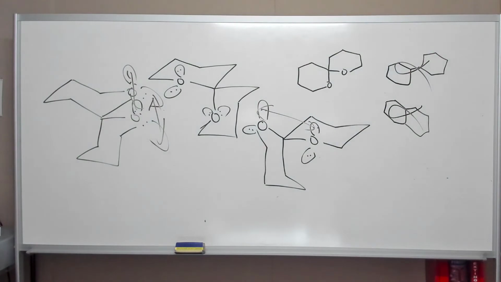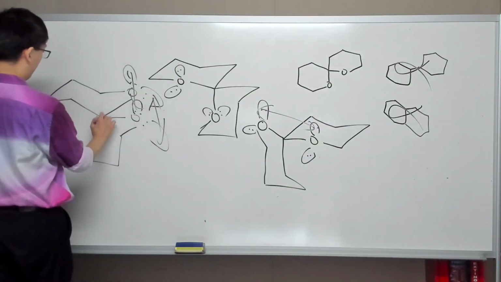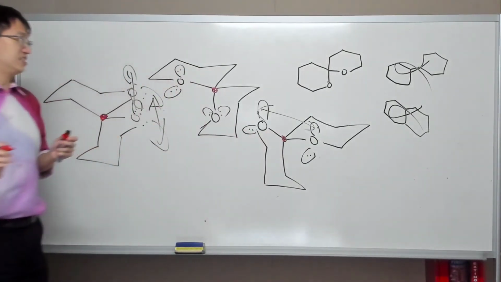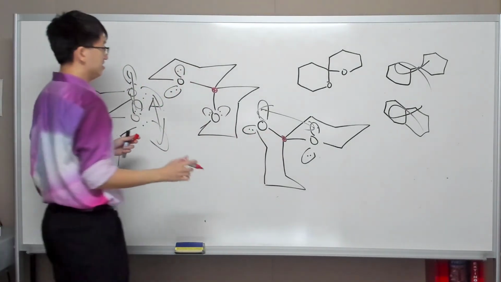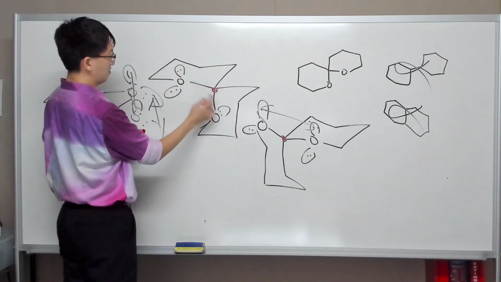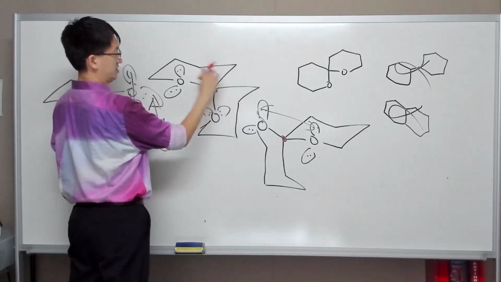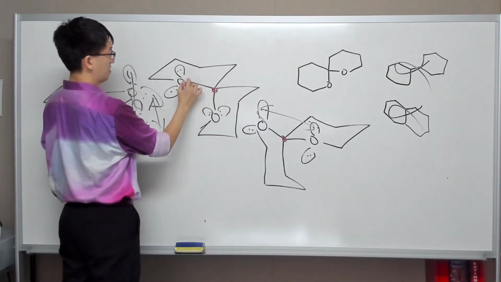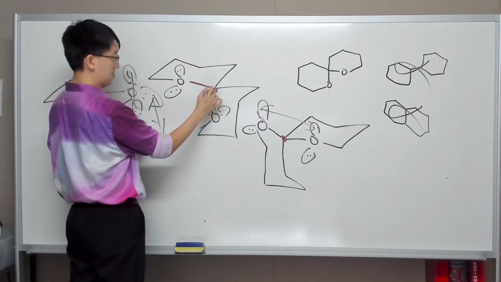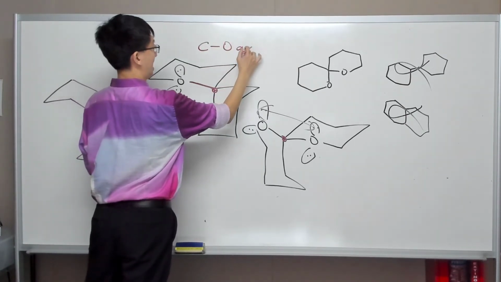The main tip actually comes from the middle carbon over here, and how this middle carbon is bonded to the oxygen. You notice that for the most stable conformation, relative to each of the six-membered rings, this bond is an equatorial bond, a CO axial bond.